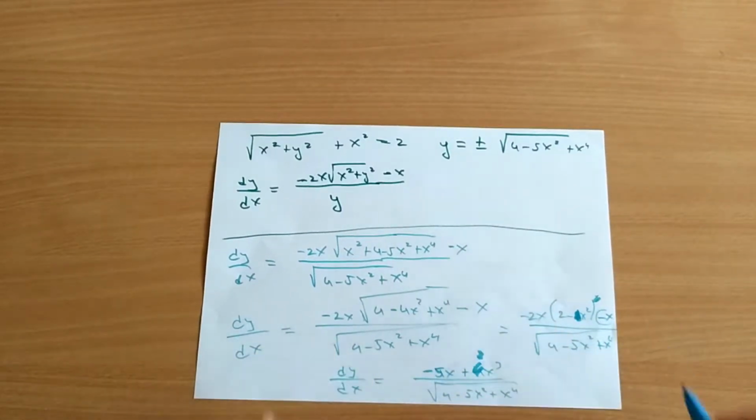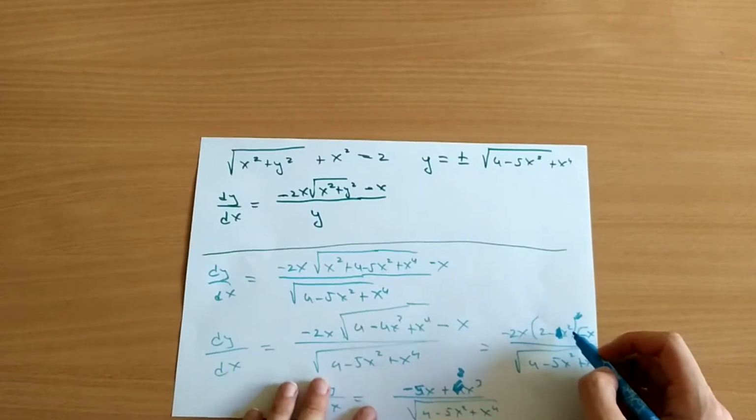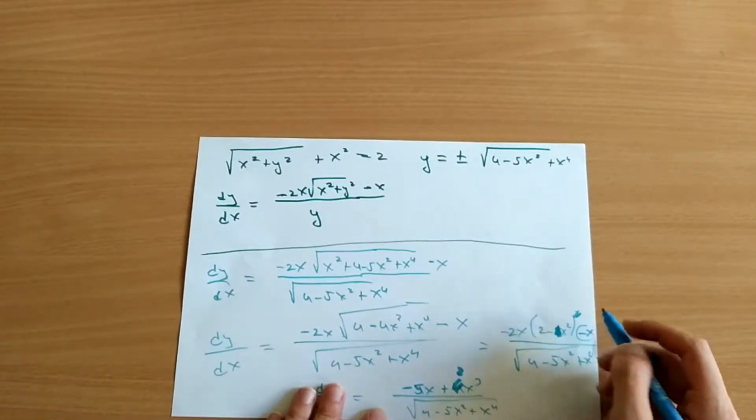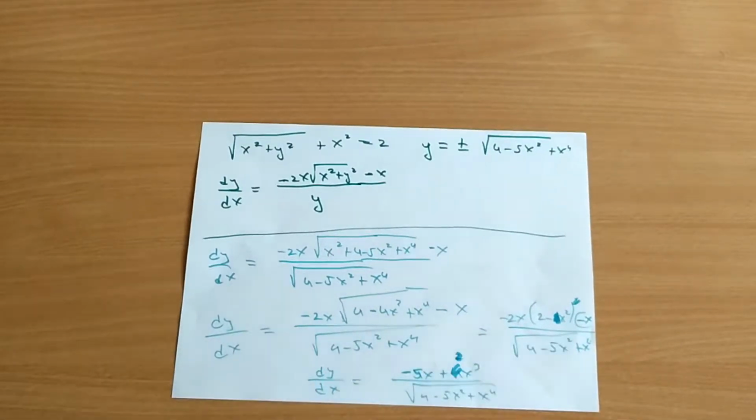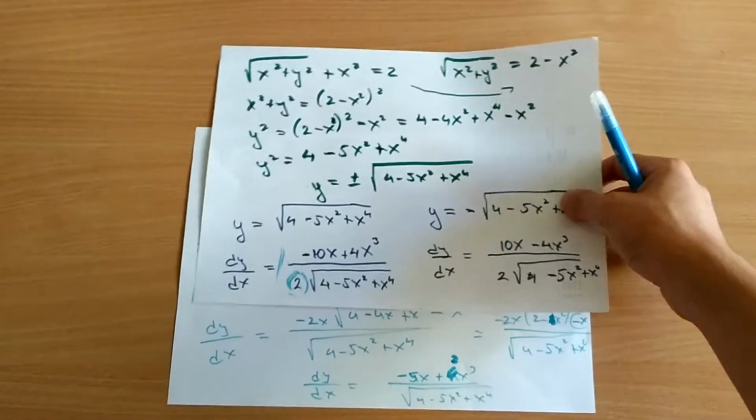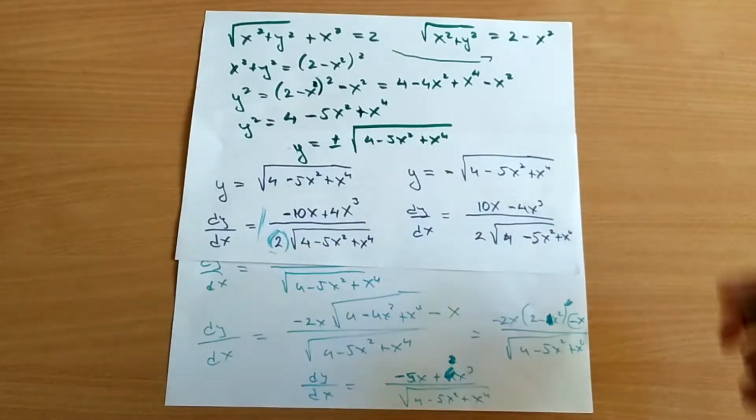Here, instead of writing x squared, I wrote 2x squared, and if we replace that, we will get that dy over dx is minus 5x plus 2 times x to the third power over the square root of 4 minus 5x squared plus x to the fourth power. And if you notice, that's the same thing that we got through explicit differentiation.